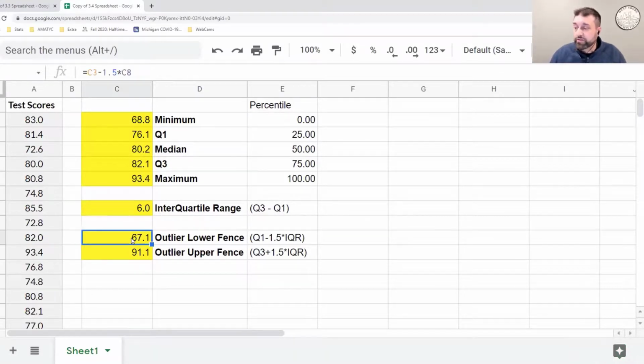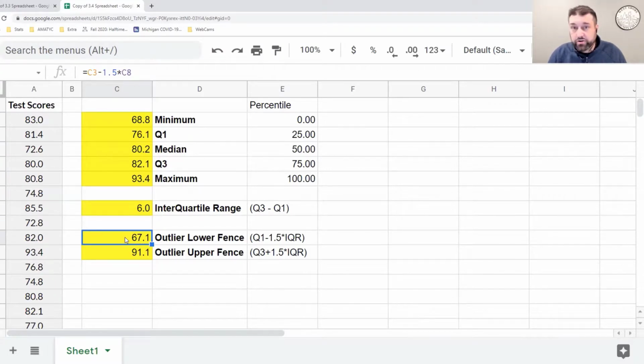So here is the lower fence. Any scores below 67.1 are outliers. Do we have any scores in Sue below 67.1? And we say, no, there are none, because look what our minimum is. Our minimum is 68. That's the lowest score in the data set. So that is well above the 67.1.